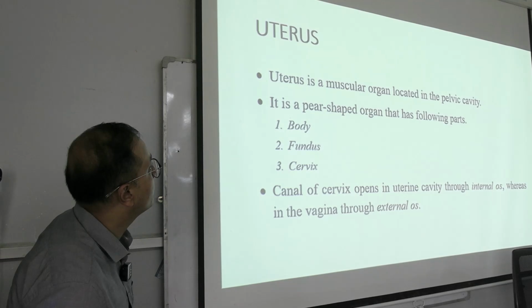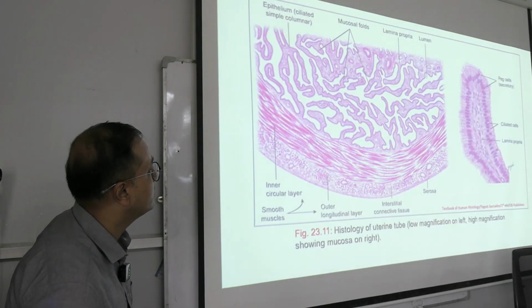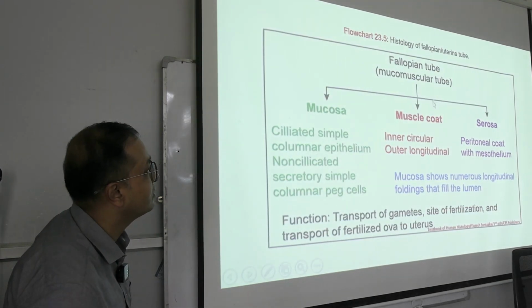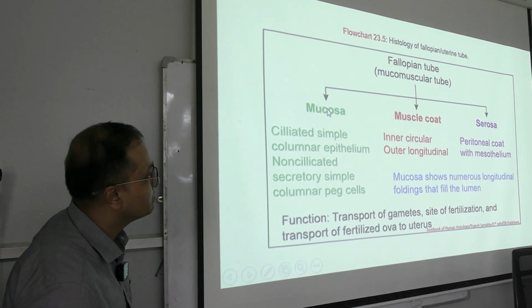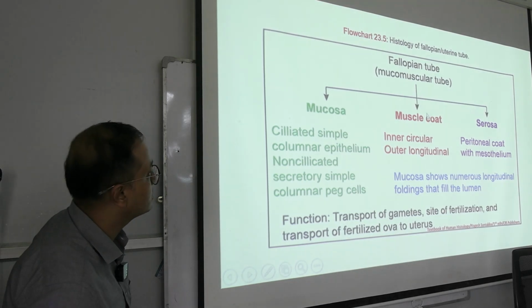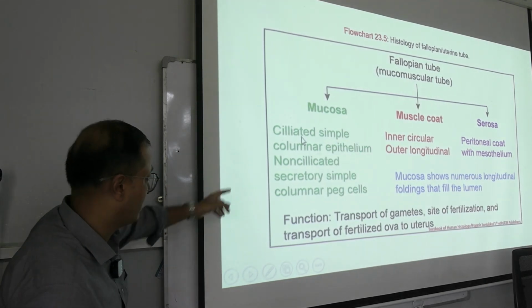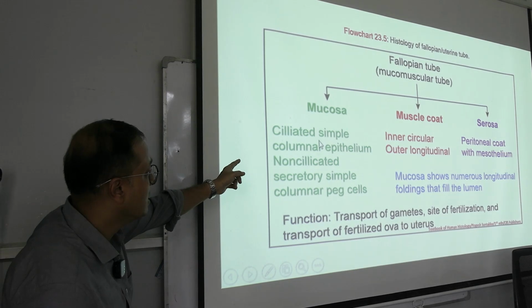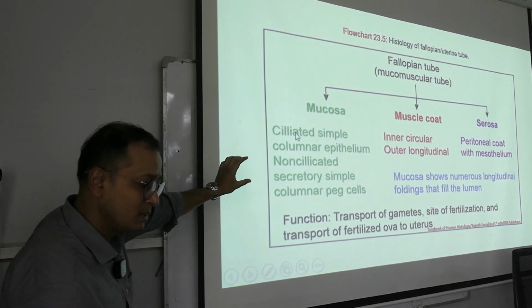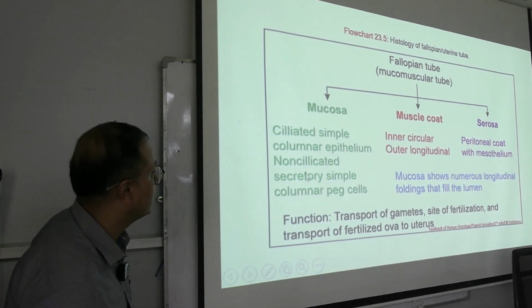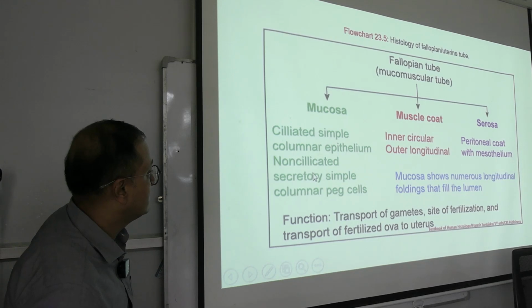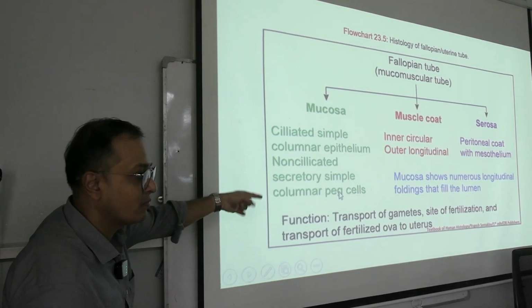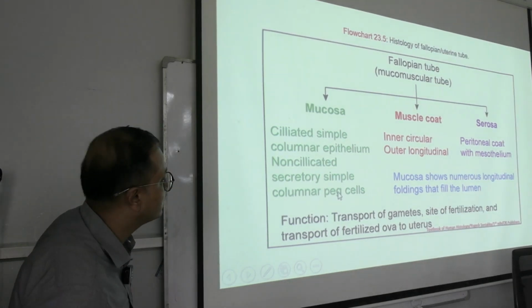So this is about the fallopian tubes. It's as simple as that. You have to remember these points related to the fallopian tube. Three layers: mucosa, muscle coat, and serosa. The mucosa contains epithelial cells, columnar and ciliated, maybe some cuboidal cells as well, interspaced by non-ciliated cells, which we call peg cells. The function of the peg cells is to provide secretions.